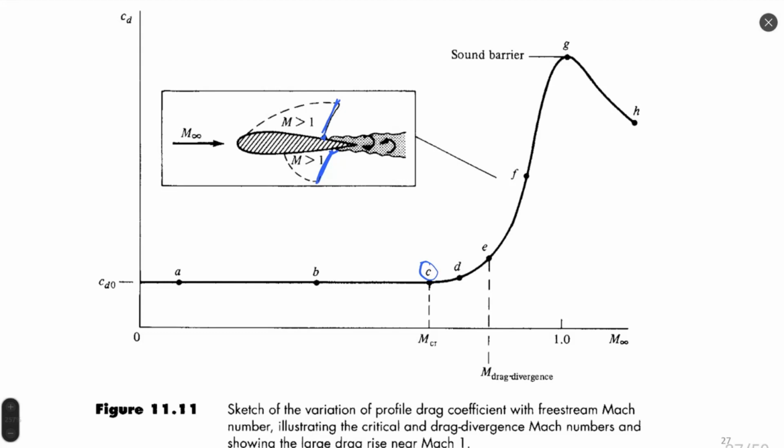At this point of Mach 1, we have the maximum possible concentration of, let's say, relative loads, because they are relative to dynamic pressure and relative to the size of our body. So maximum concentration of relative forces, which results in point G, a maximum of drag coefficient.